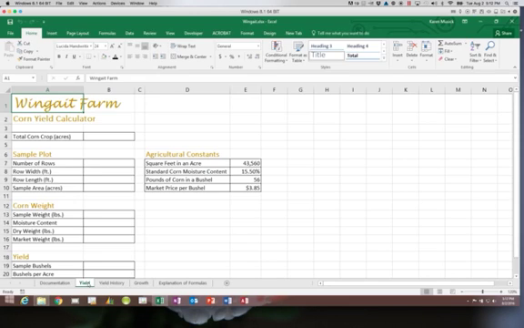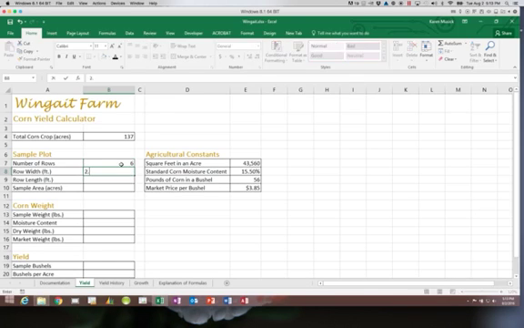We're going to enter some basic facts that will be used in our formulas. So we're going to go into B4. We're going to say that this farm has 137 total acres devoted to their sweet corn. And then in B6, we're going to use 6 rows.